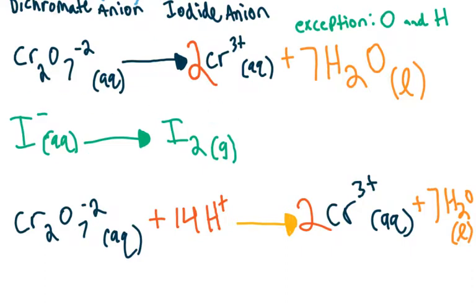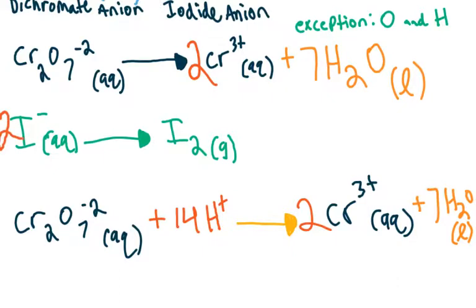We just have to balance atoms in general, which is pretty easy here because we have 2 iodine atoms on one side and only 1 on the other, so we just add a coefficient of 2 to make it 2 atoms of iodine on the left side.